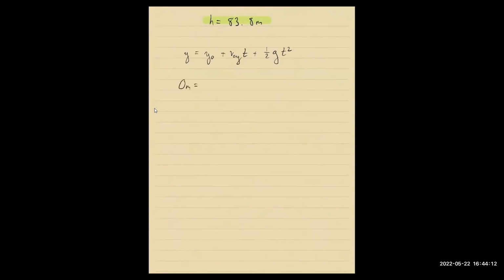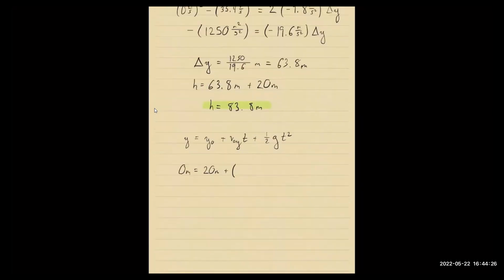So on the left-hand side of this equation, we'll have 0, a height of 0. And on the right-hand side, we have our initial height, just 20 meters, the top of that 20-meter building, plus the y component of our initial velocity vector, which was, I think, 35.4.